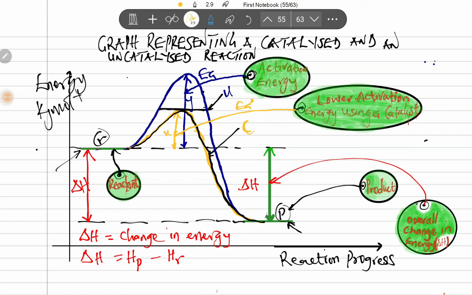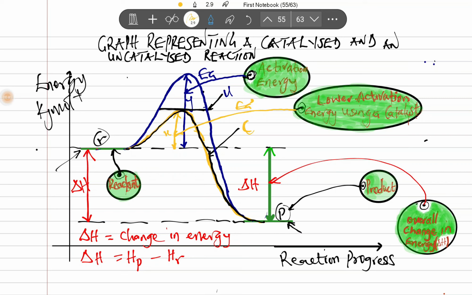So the catalyst has successfully reduced the activation energy of this reaction as a whole. The impact of the catalyst on this reaction profile is obvious.